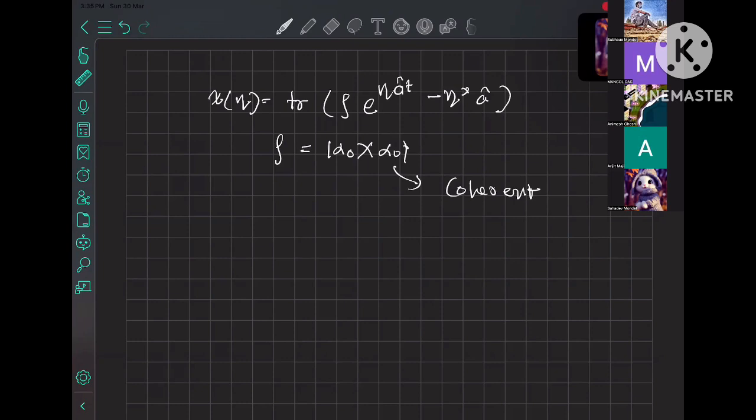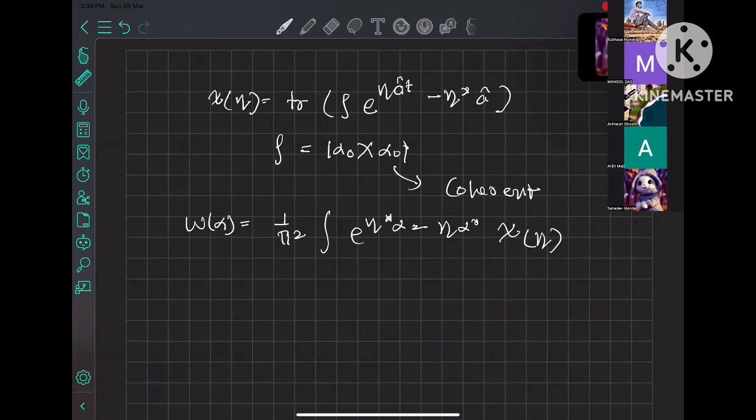And now I am going to derive the Wigner function of the coherent state, and it could be written as omega of alpha equal to 1 by pi square. This is a normalization constant, e to the power eta star alpha minus eta alpha star, chi of eta. This is the characteristic function, and d2 eta. This is the integral.